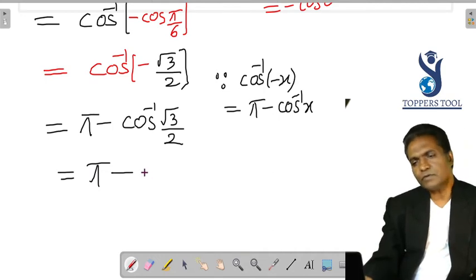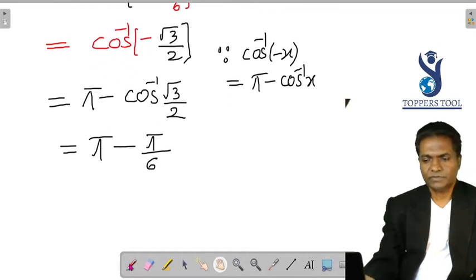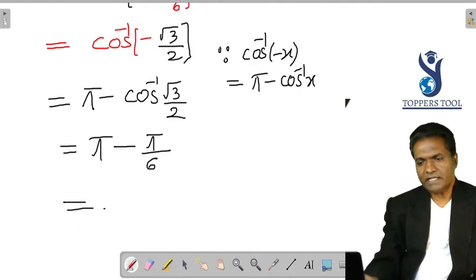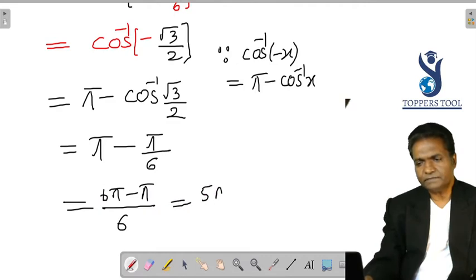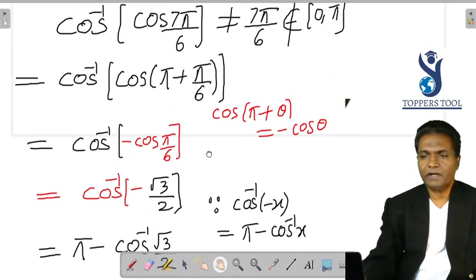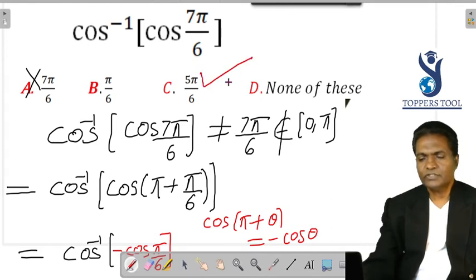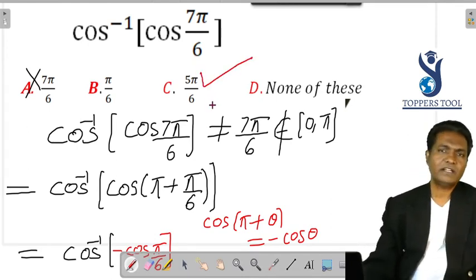Cos inverse of root 3 by 2 is pi by 6, because for 30 degrees cos is root 3 by 2. Now take LCM 6: it is 6 pi minus pi, which is 5 pi by 6. Now check your result. 5 pi by 6. Is it there? Yes, it is there. So this is your required result.